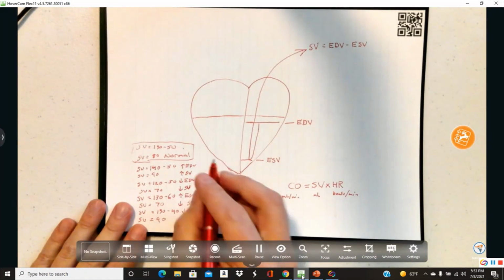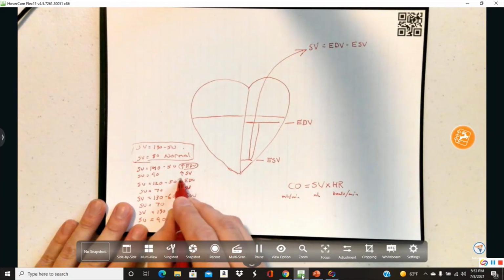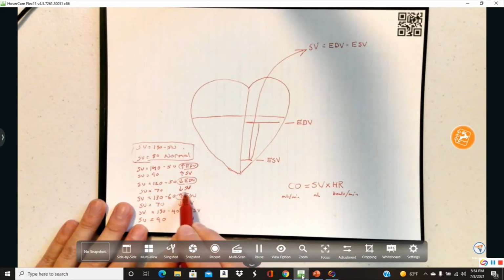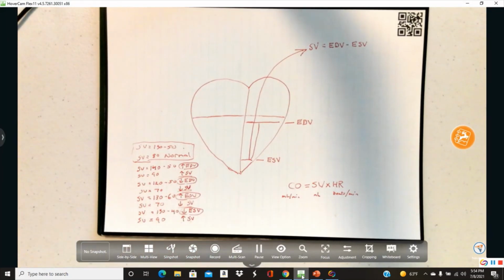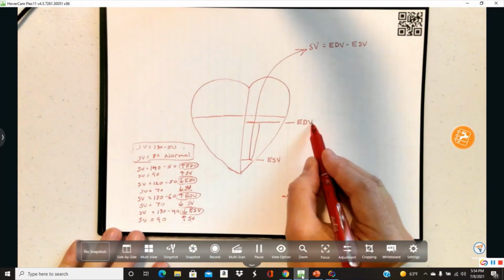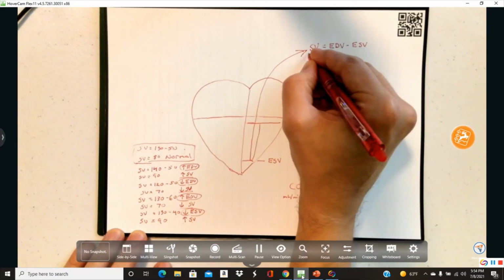Okay, changing EDV and changing ESV, we know will influence stroke volume. Okay, change these two parameters and you change this parameter.